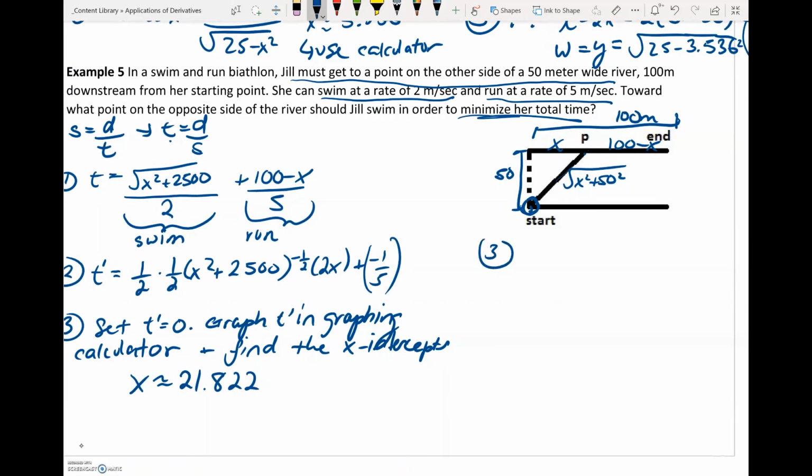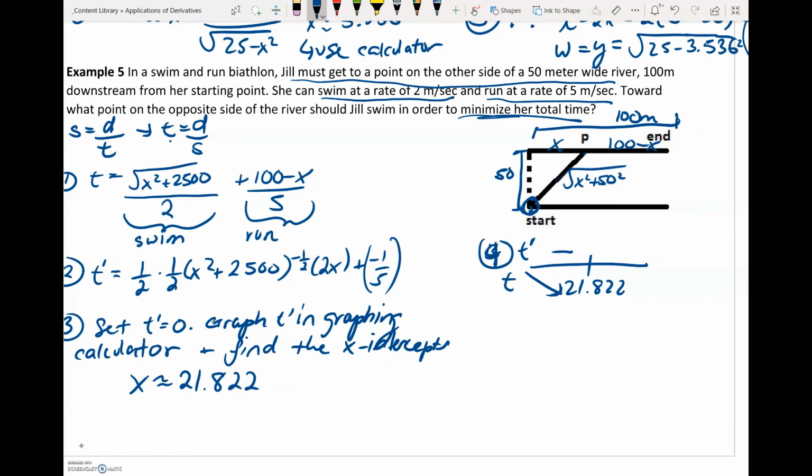Now we want to create that sign diagram to show that this is going to be a minimum at 21.822. So you want to find the sign for t prime. You can plug in values such as 1 into t prime. Again, you can use your calculator to do that. You should get a negative number, which means that t is decreasing here.